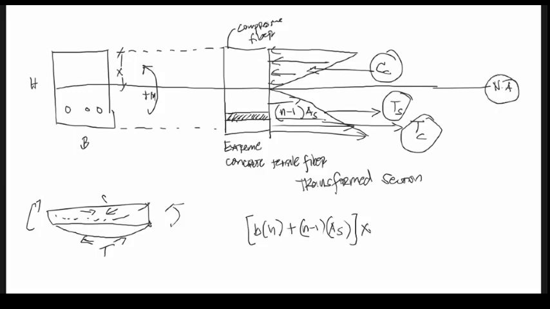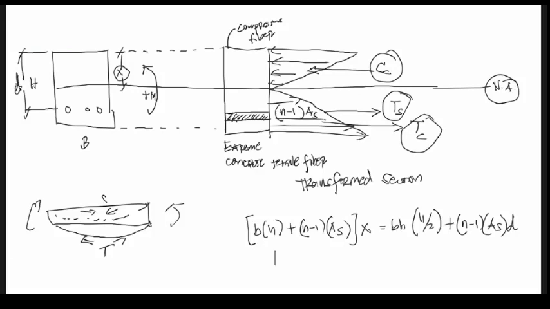So the distance, the moment arm, is the distance from the extreme fiber up to the NA, which is your X. That is equals to BH times H over 2 plus (n-1) A_s multiplied by d. And d is the distance from the extreme concrete compression fiber up to the steel. Ito yung d. They have the effective depth. So that is d.